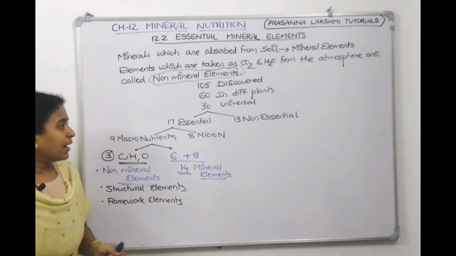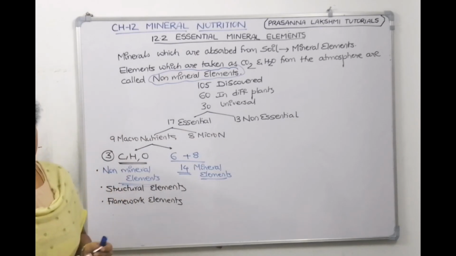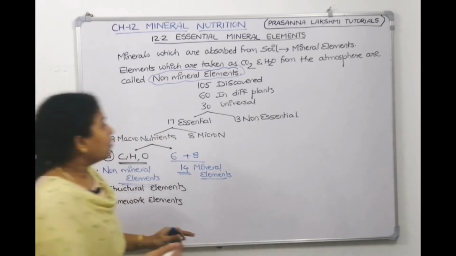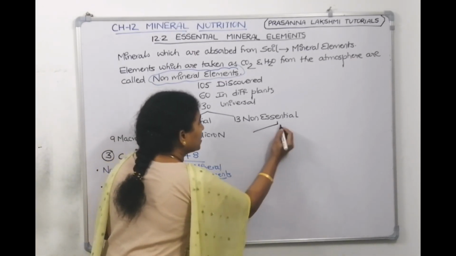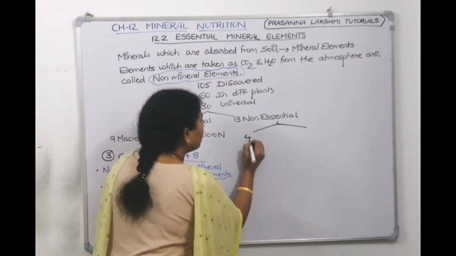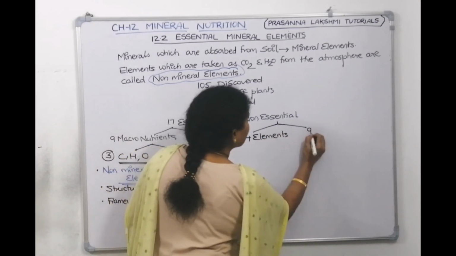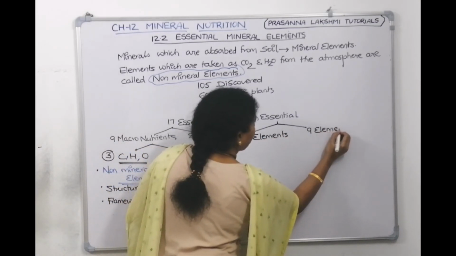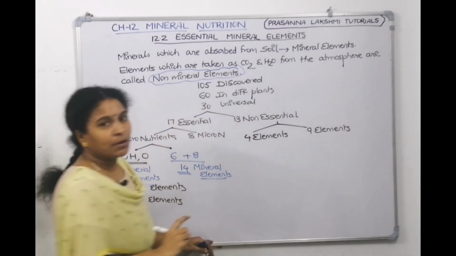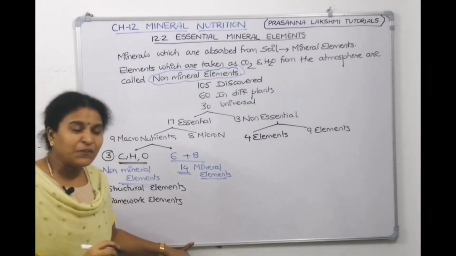Okay, children? Now, coming to the non-essential elements. Non-essential elements, how many are there? 13 are there. Out of these non-essential elements, again we can tell 4 elements are there and the remaining 9 elements are there. Now these 4 elements are called beneficial elements.